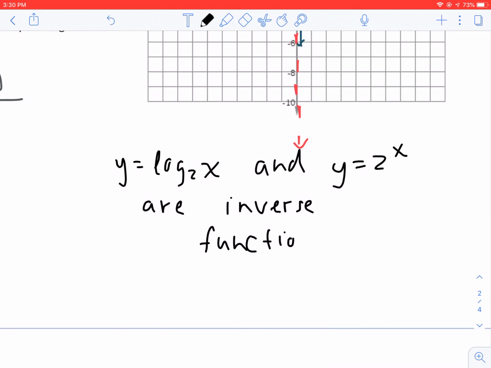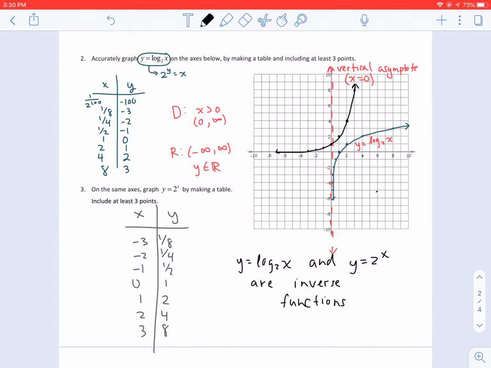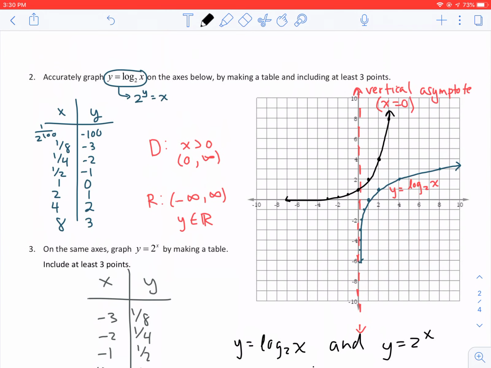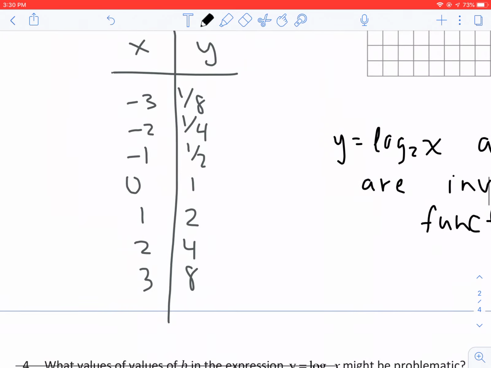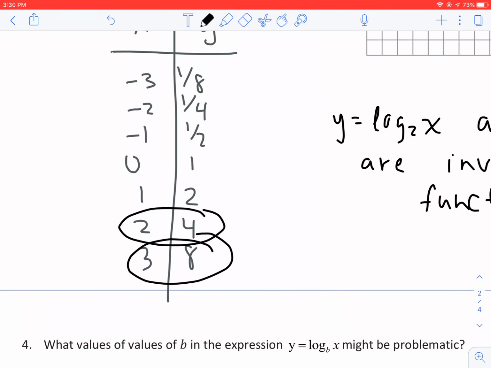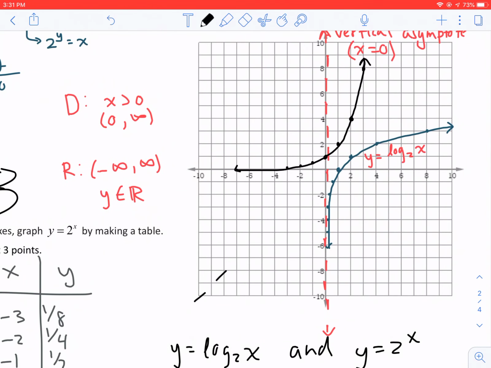All right, logarithmic functions and exponential functions are inverse functions of each other. So in the table you can see 8, 3, 4, 2. Those become 3, 8, 2, 4, right? The x and y values are flipping. Graphically, bam, it's a reflection over the line y equals x.